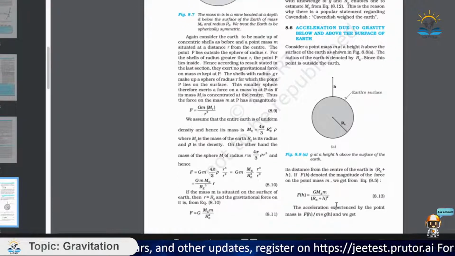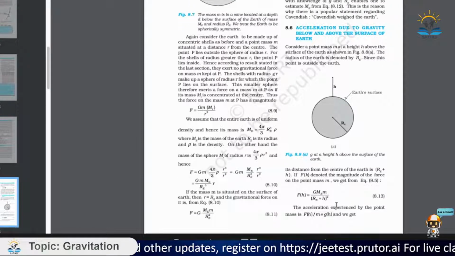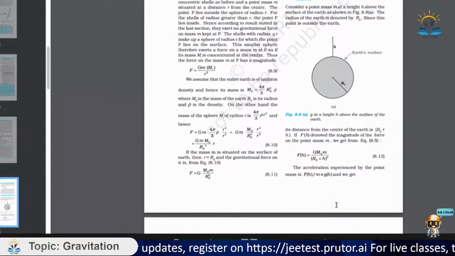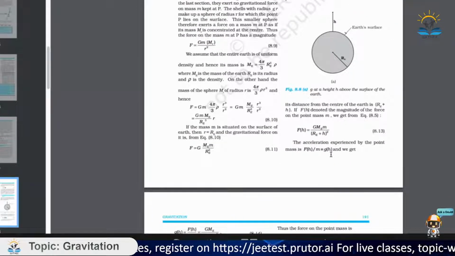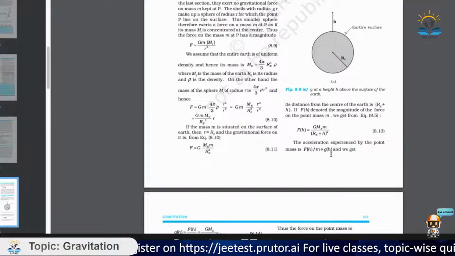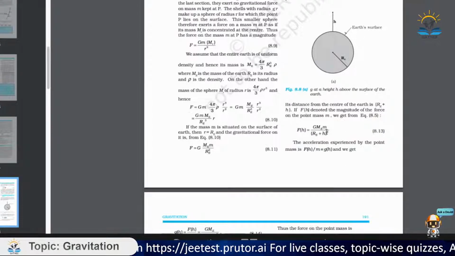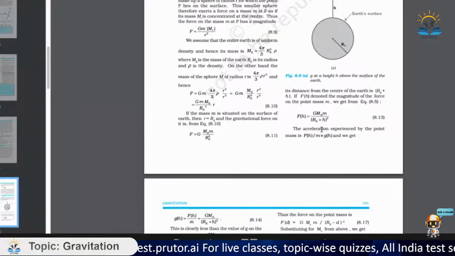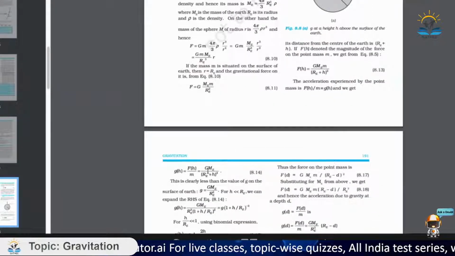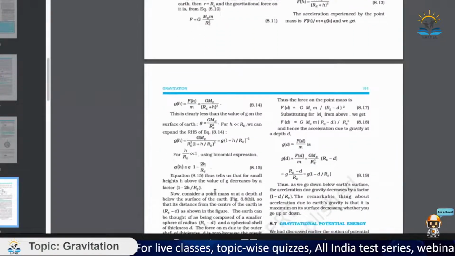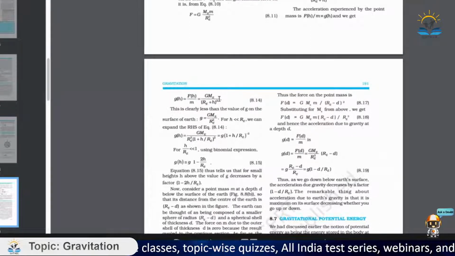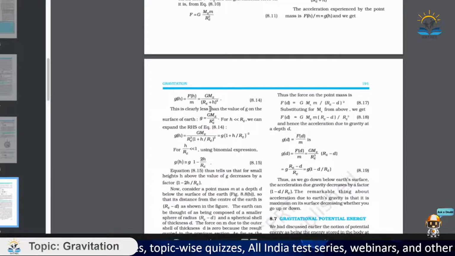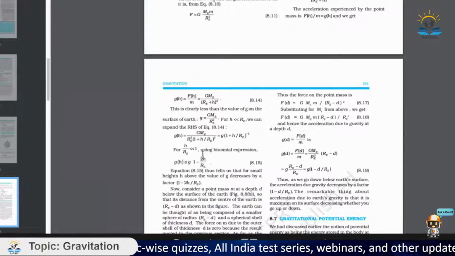So the force is written like this. Now, since we want the acceleration due to gravity at this height, we divide this force by the mass small m. So acceleration due to gravity here is written as G mass of Earth divided by radius of Earth plus height, whole square.